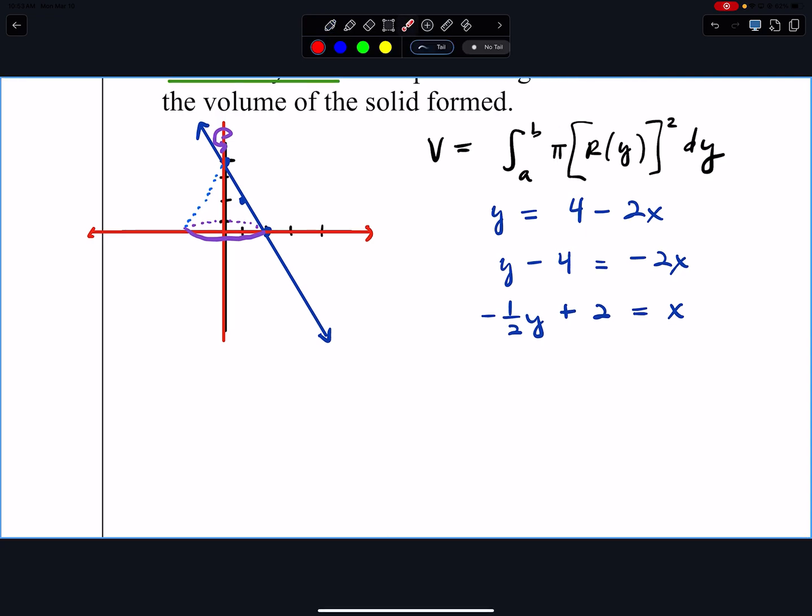Okay? All right, so plugging it into my integral, remember you can take out the pi. Since I'm integrating with respect to y, what's my lower bound? 0. What's my upper bound? 4. Good. So this is going to be -1/2 y plus 2 squared dy.